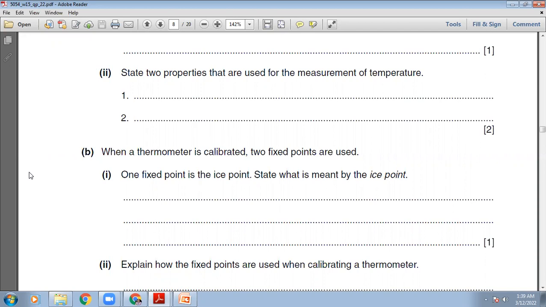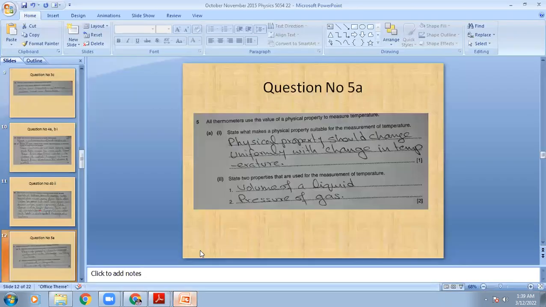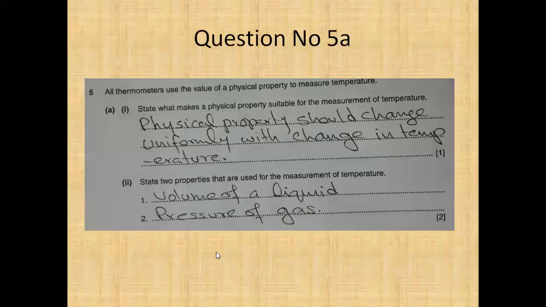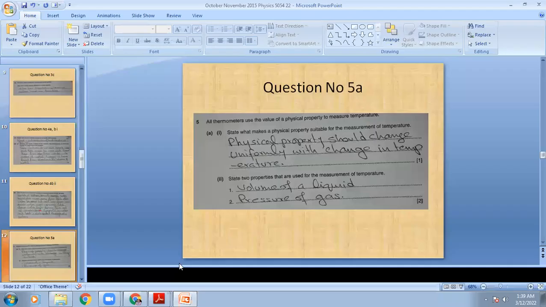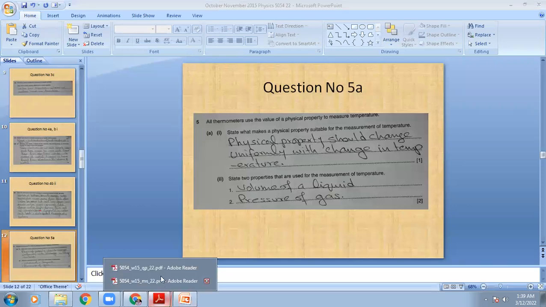For example, the resistance of a wire. For example, the EMF induced. For example, the color of the liquid crystals. These are some properties. You only have to name two. Let's say I've just named volume of a liquid and the pressure of a gas. They can be used to make thermometers.